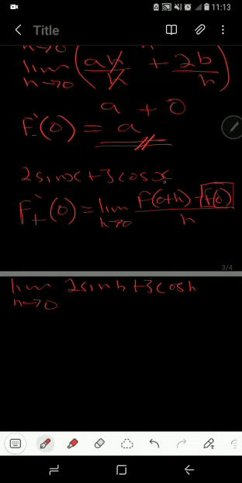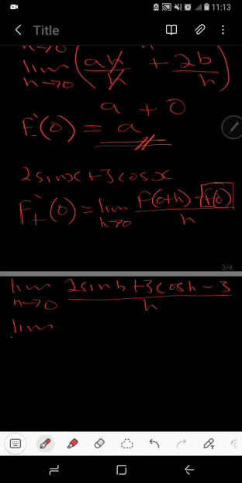So let us proceed. Limit as h approaches 0 is equal to 2 sine h, because 0 plus h is simply h, you put h where there is x, plus 3 cos h. Now when you put 0 in this function here, you find that you are going to have 3, so it's minus 3 over h.